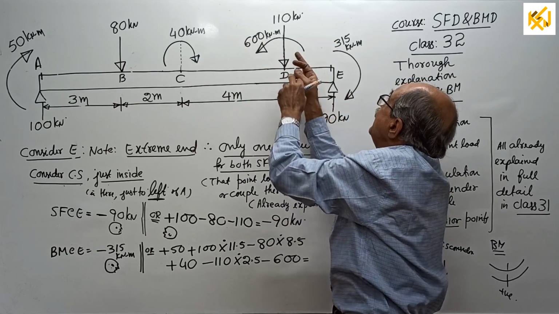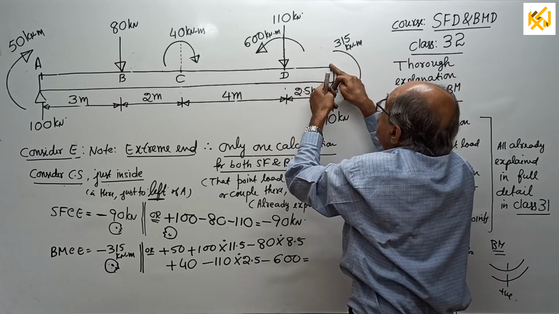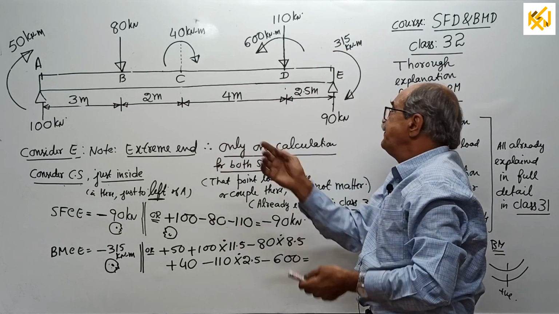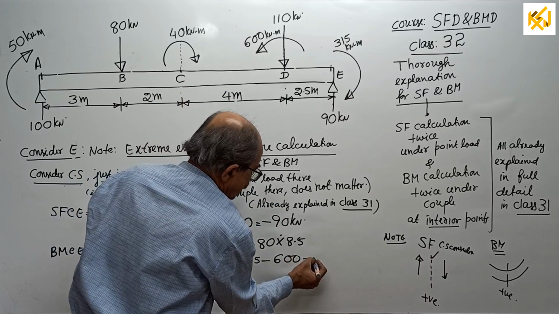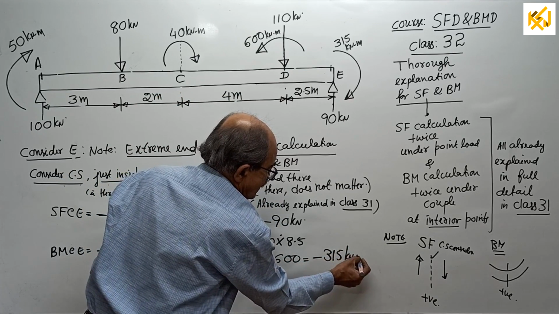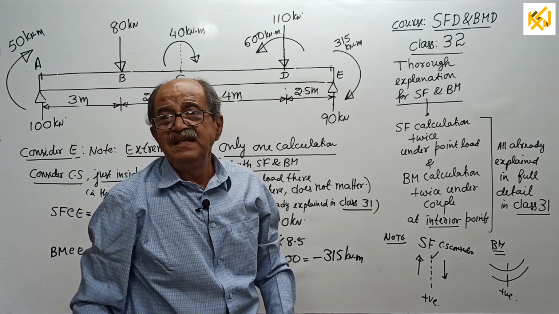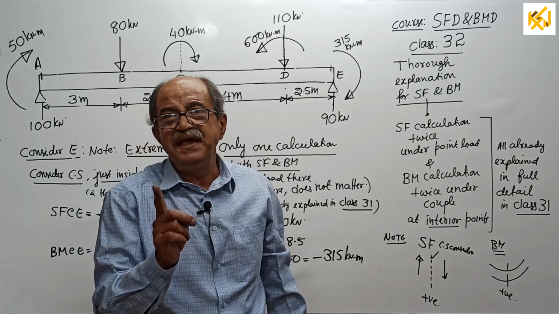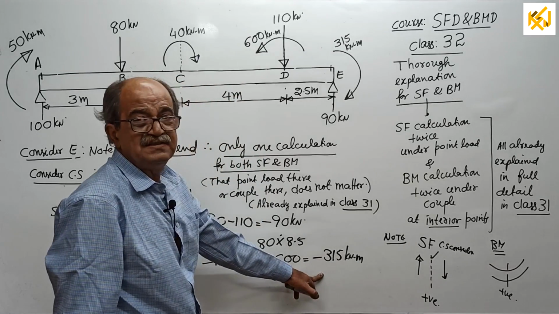Plus 40 minus 110 into 2.5, and also when I stand here, this is minus 600. Not calculating, I got confidence, it is 315 kilonewton meter. If answer is not tallying, only chance is that there is a calculation mistake. That's all. Technical mistake is impossible, I told. Over. This is the answer.